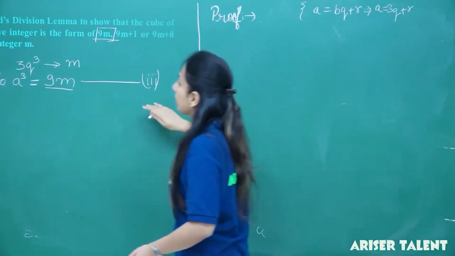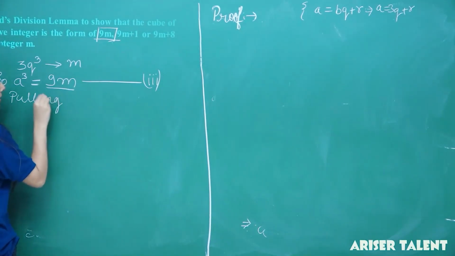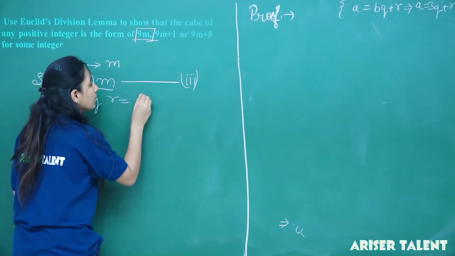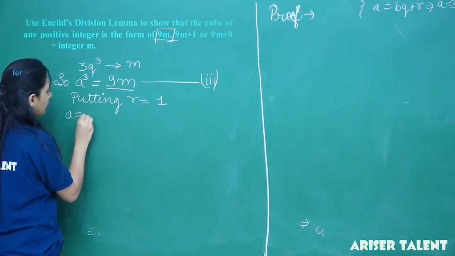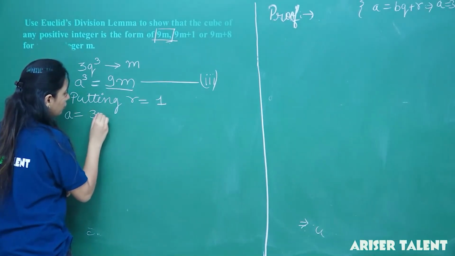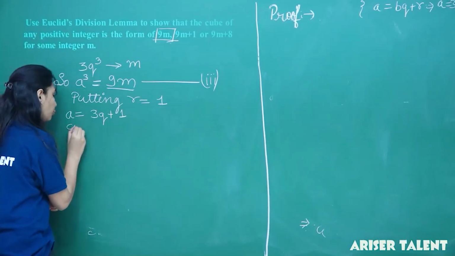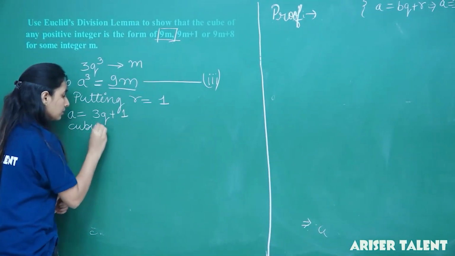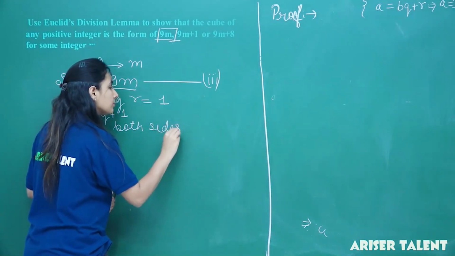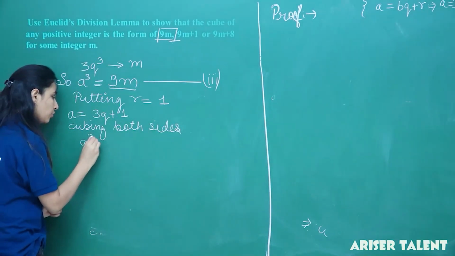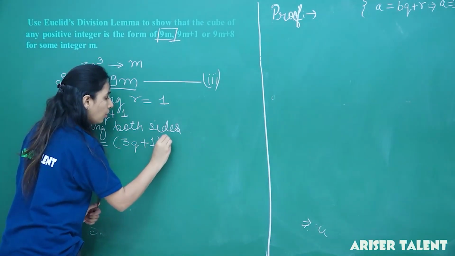We will use this equation again, putting r equals 1. What will we get? a equals 3q plus 1. Now cubing both sides, a cube will be equal to (3q + 1) whole cube.